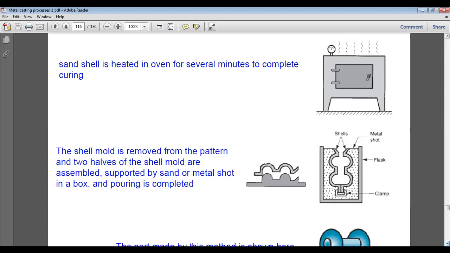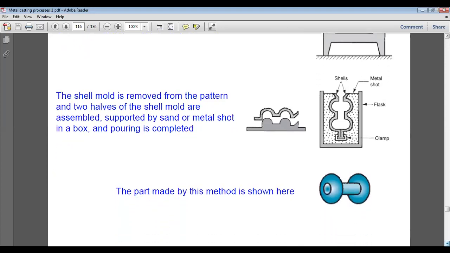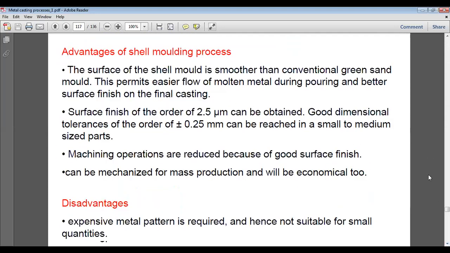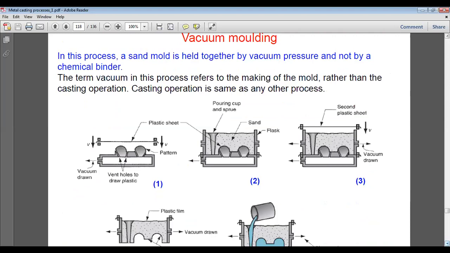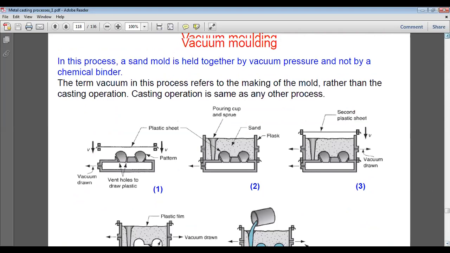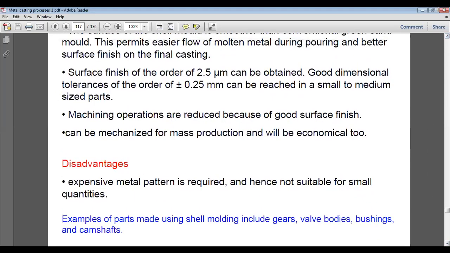So this is the negative point. Advantages: good surface finish can be found in the shell molding process. Disadvantages: an expensive metal pattern is required, and the other one is that the mold has less strength.